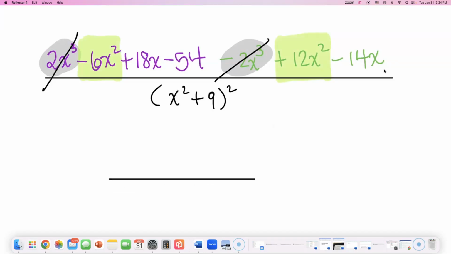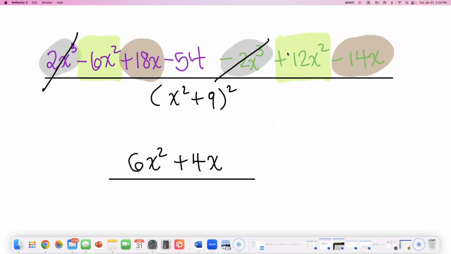That's going to be positive 6x squared from combining these green colored terms. All right, let me do the next one. There is 18x, and there is minus 14x. 18 minus 14 is 4. So I'll do plus 4x. And the minus 54, this guy right there, that's the only constant. So just write down minus 54 all over x squared plus 9 squared.